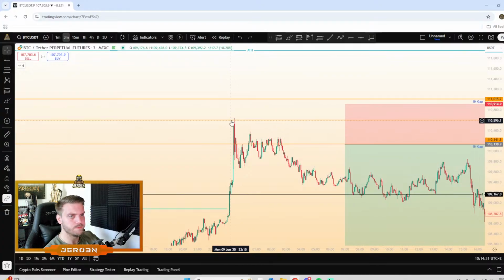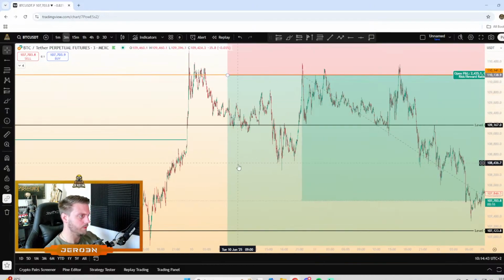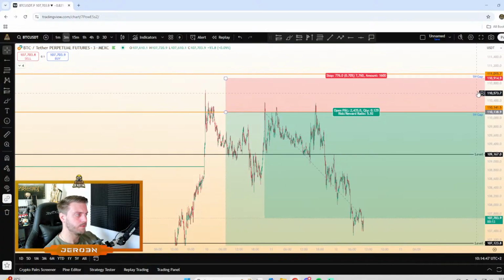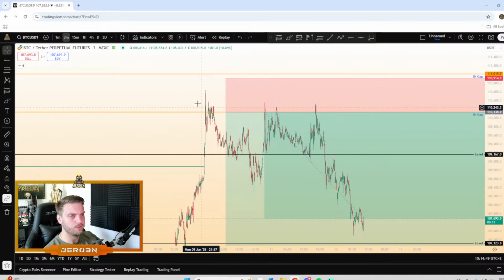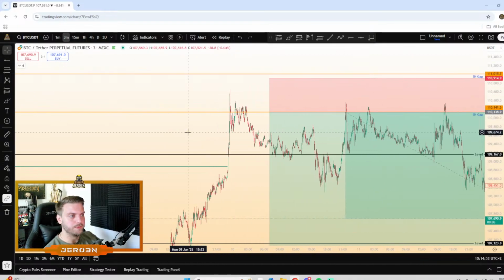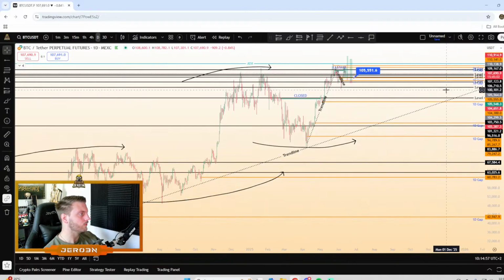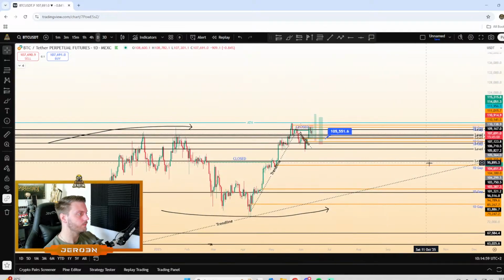Yeah, so even the 3 minute here, which got filled very nicely. And if you took the short from there at 110,600, you would have not complained. Yes, it retested 4 times so far, or 3 times if you were in this short here, but it didn't break out from there. Okay, so zoomed in and zoomed out.